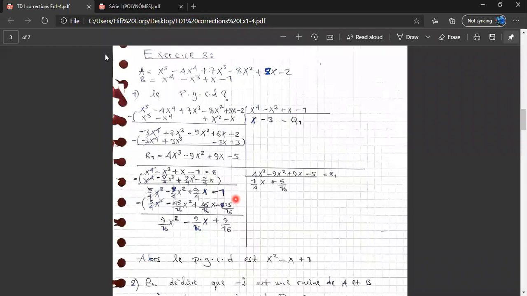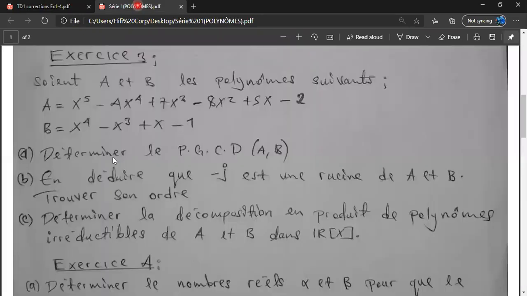Yeah. So we go to our second question. It says, on the deduit que j est une racine de A et B. Trouver son ordre. So we're going to deduce that negative j is a racine of A and B, and we're going to find its order.